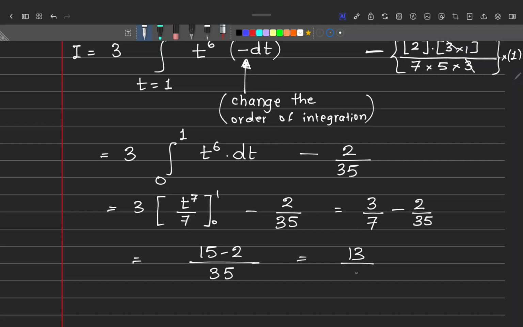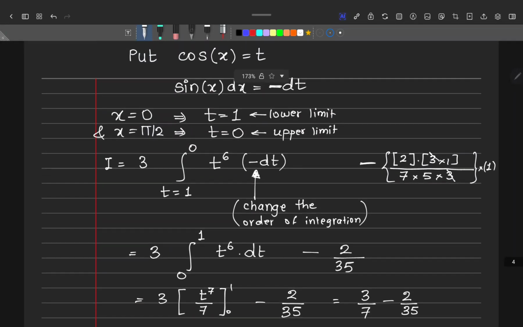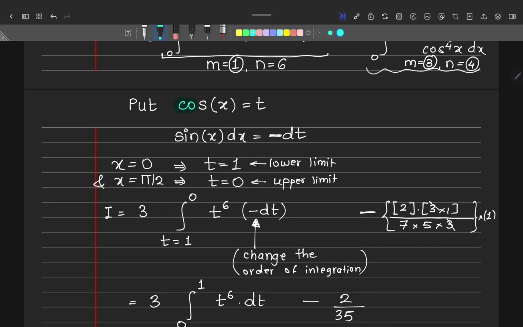This value will be 13 by 35, and this is your required answer. So here in this example we not only use the reduction formula but also simple substitution for simplification. Okay, I hope you got this.